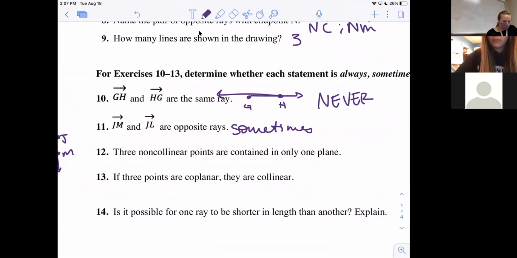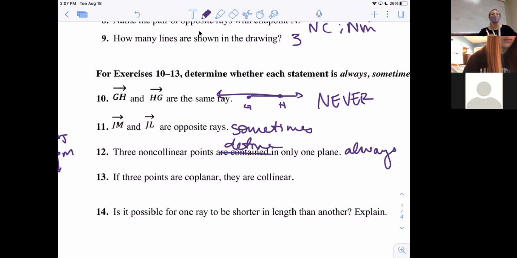I would say three non-collinear points define only one plane. Would that make a little bit more sense? That's always. Are contained, I would maybe say are contained in uniquely one plane. It's kind of a weird writing. I'm trying to get at a postulate. Postulates are always true. If it's not a postulate, it's probably not always, because we can probably think of a way that it's not.